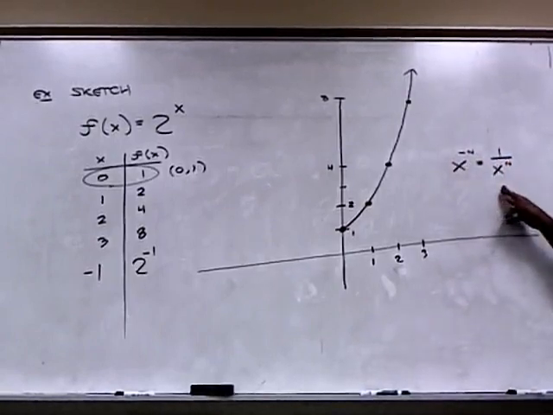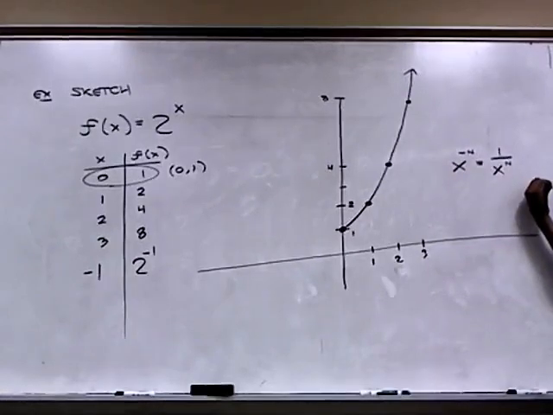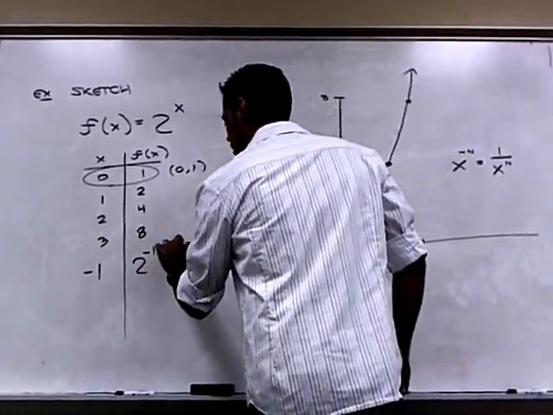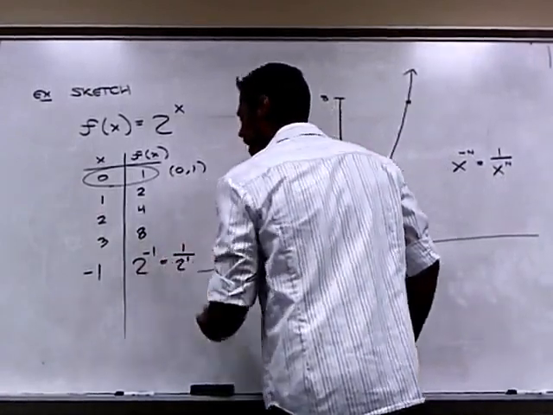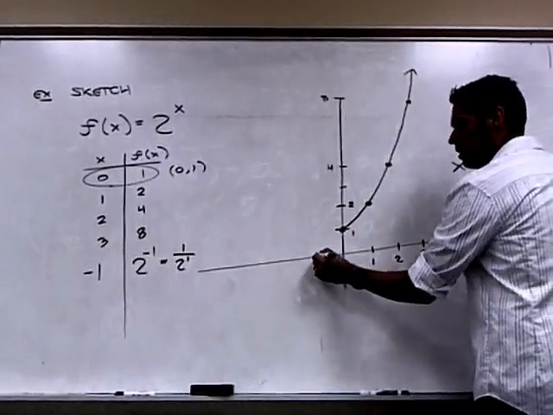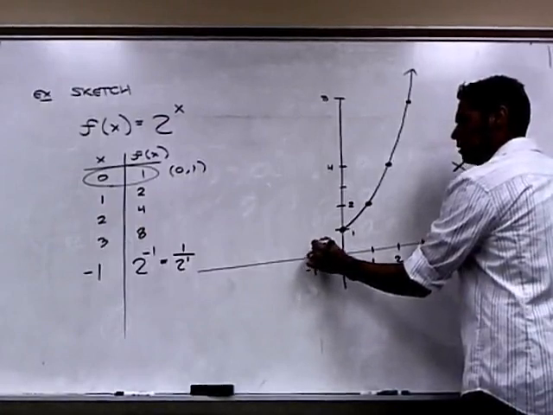If you have a negative power, you can drop it down. Remember that? So doesn't this really mean 1 over 2 to the first power? Which is really just 1/2, isn't it? So if I go to the left 1, I should go up 1/2, and I should be here.